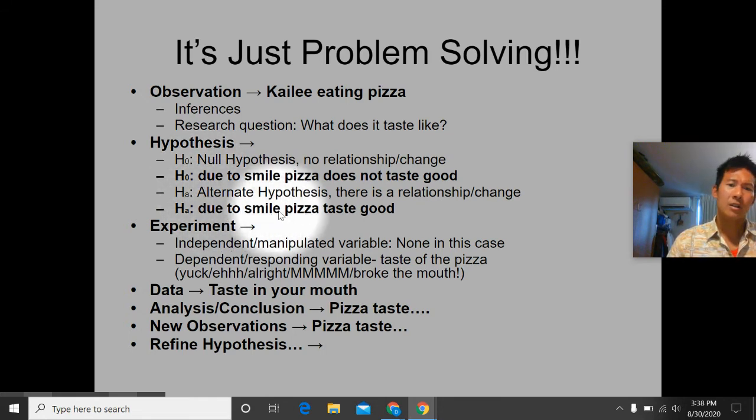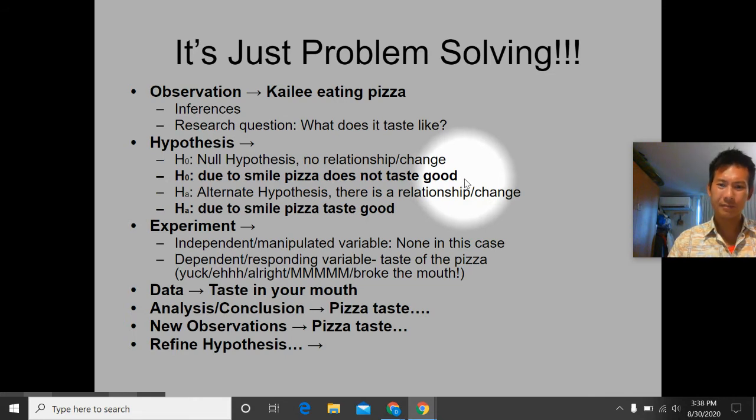Basically, just because it doesn't taste good does not mean it's going to be bad. All right, it could be average. It could be a little above average. It could be almost good. You know, there's a whole bunch of different possibilities that it does not have to be bad.